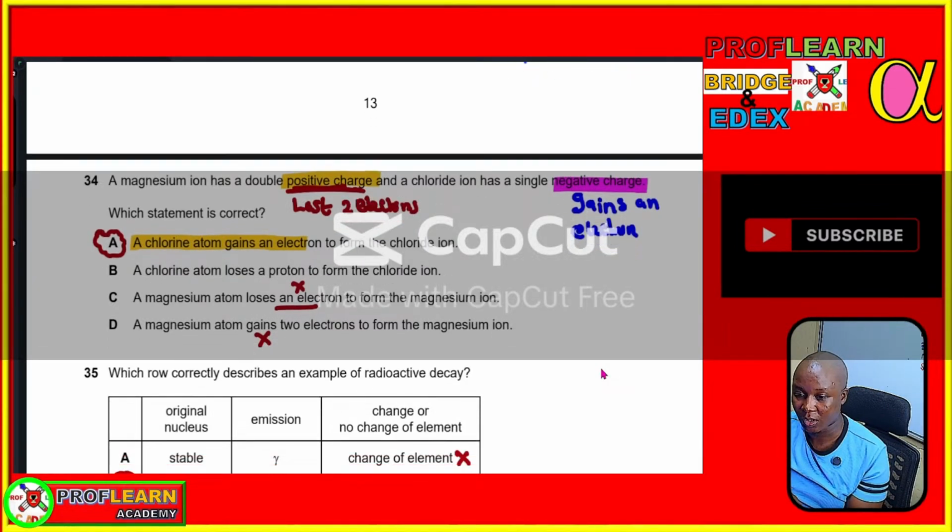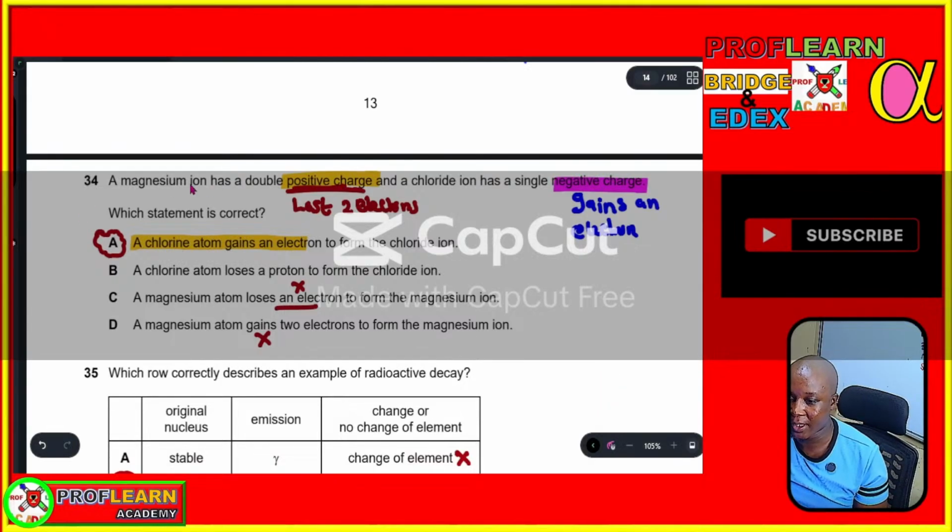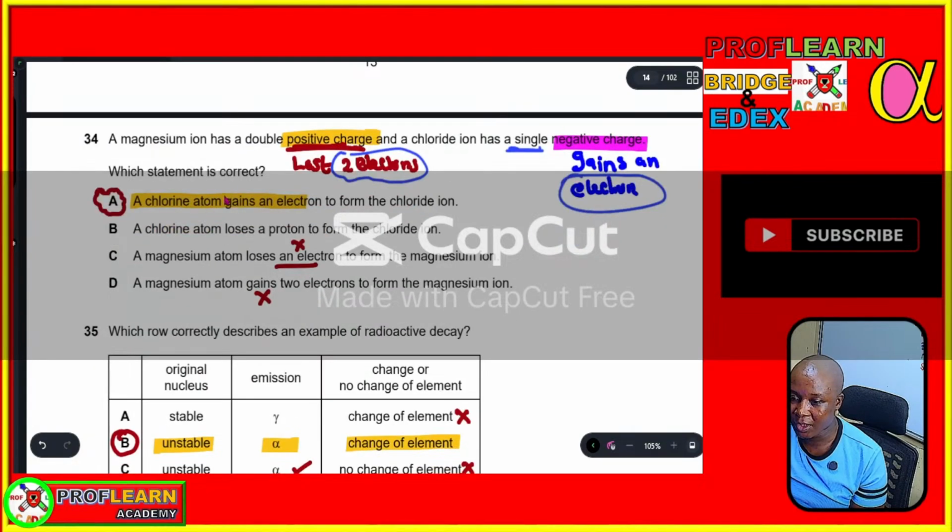and it becomes negatively charged when it gains electrons. So we are told that the magnesium ion has a double positive charge, meaning it has lost 2 electrons, and the chloride ion has a single negative charge, so it has gained an electron. In that case, which statement is correct? Chlorine gains an electron to form a chloride ion. Chloride atom loses a proton, that's wrong.